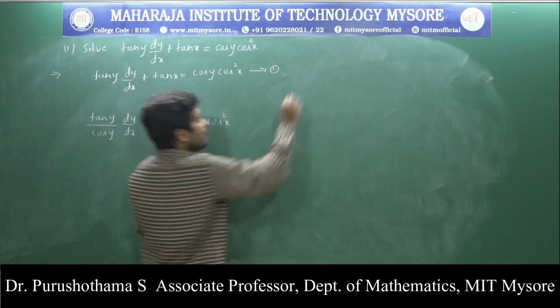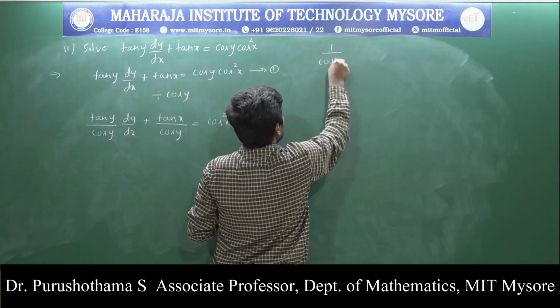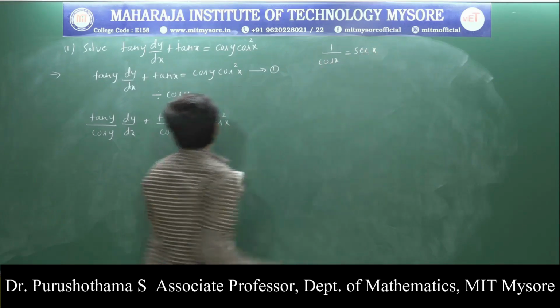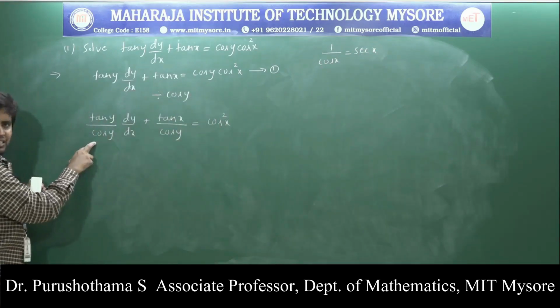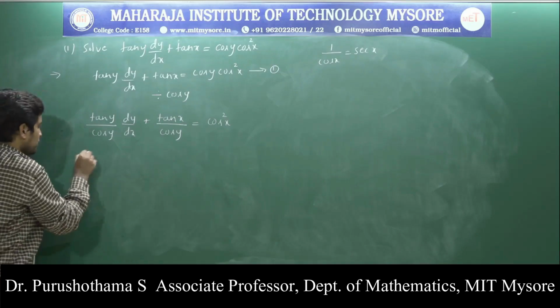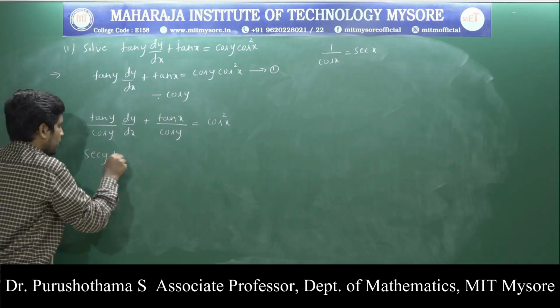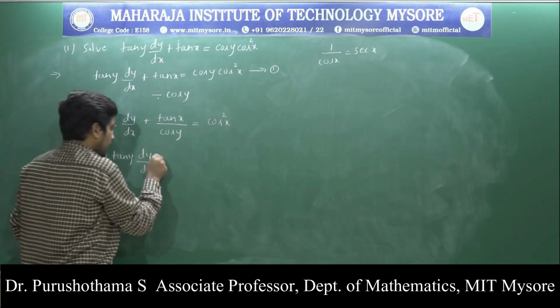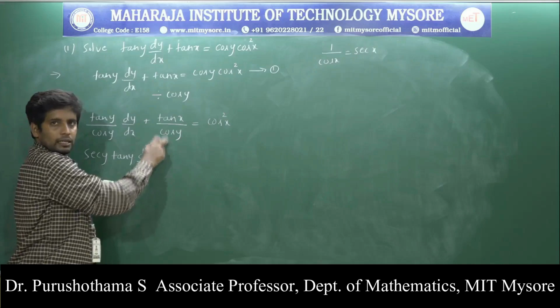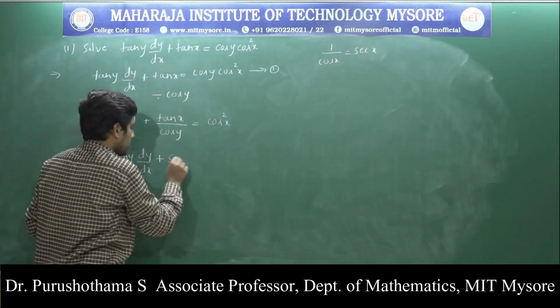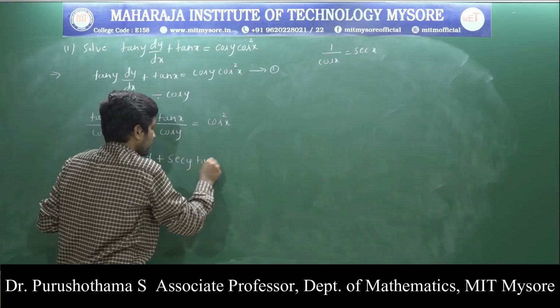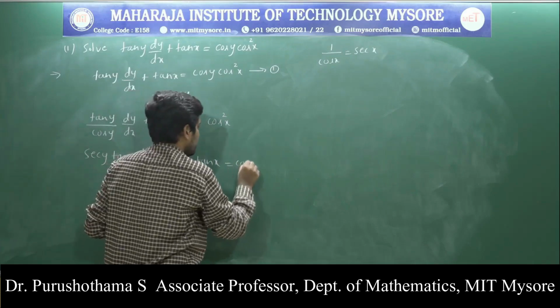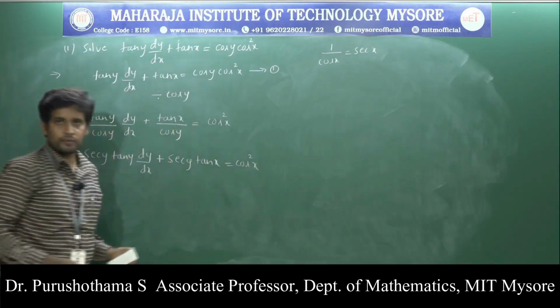We know that 1 by cos x is equal to secant x. Therefore, here 1 by cos y is equal to secant y. So, secant y into tan y into dy by dx plus, similarly for the second term, 1 by cos y, secant y into tan x is equal to cos square x.